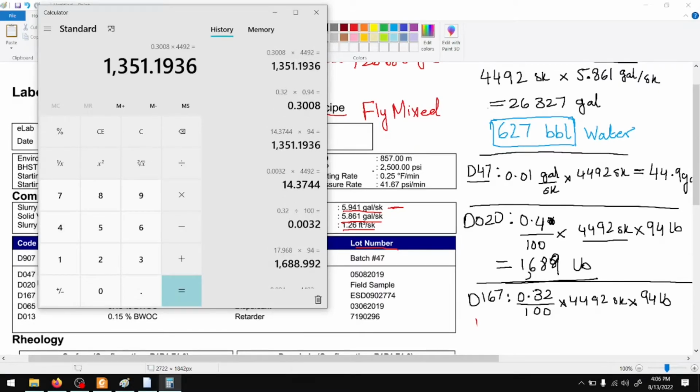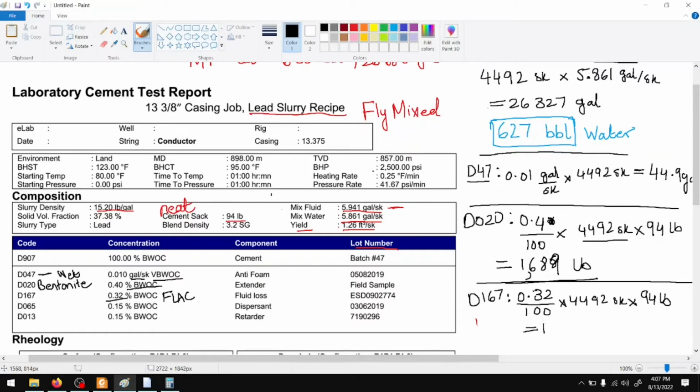Yep, we are. So 1350. 1350 pounds of D167 are required in this slurry.